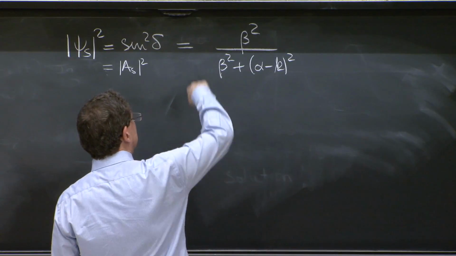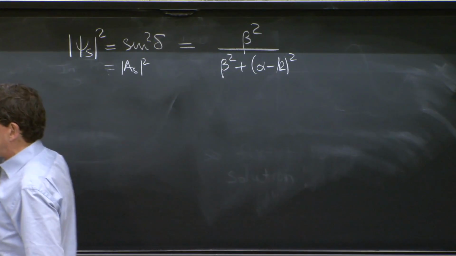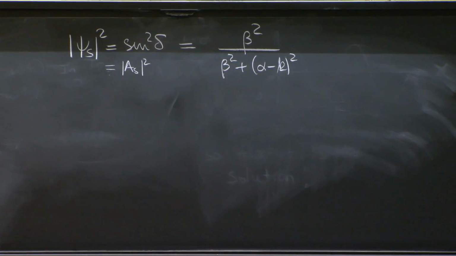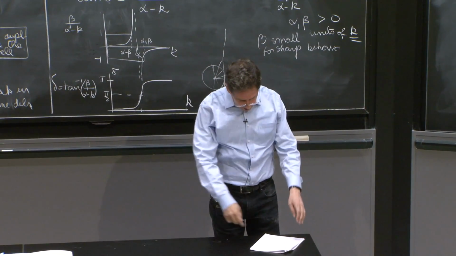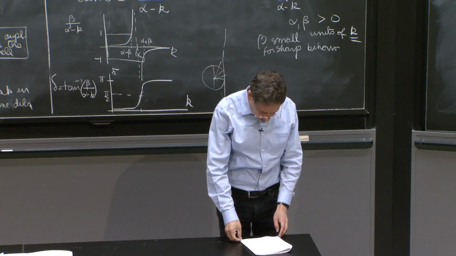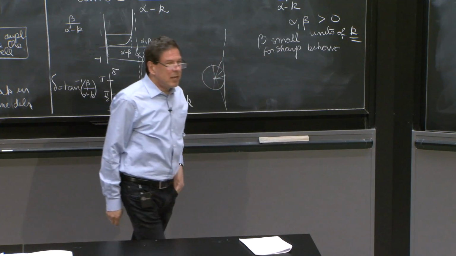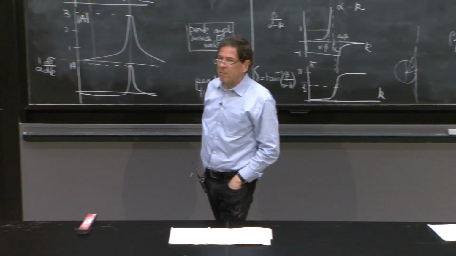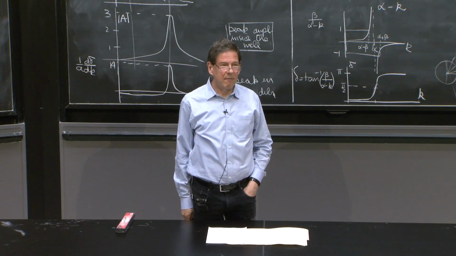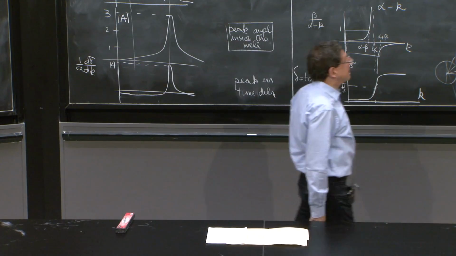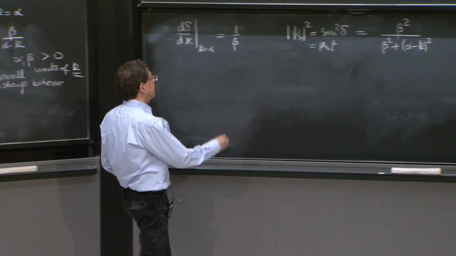Kind of a nice, almost bell shape. Of course, it's a polynomial, but it looks a little like a nice symmetric shape around alpha equal k. Now, this distribution is so famous that it has been given a name. It's called the Breit-Wigner distribution.